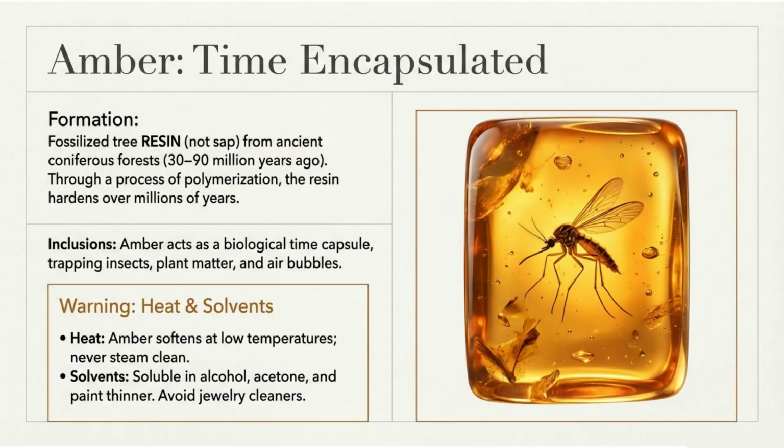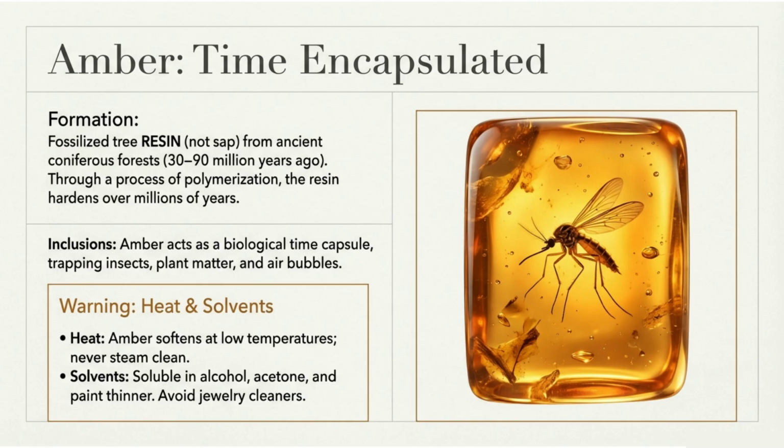Treat them gently. Next, amber, the original save file for prehistoric life. Formation. Amber is fossilized tree resin, not sap, from ancient coniferous forests, typically 30 to 90 million years old. Over millions of years, resin undergoes polymerization.